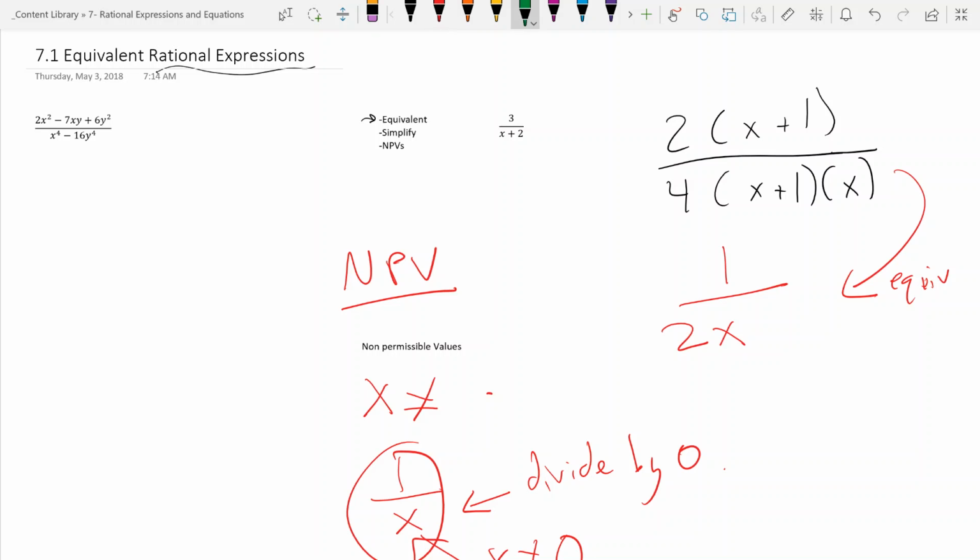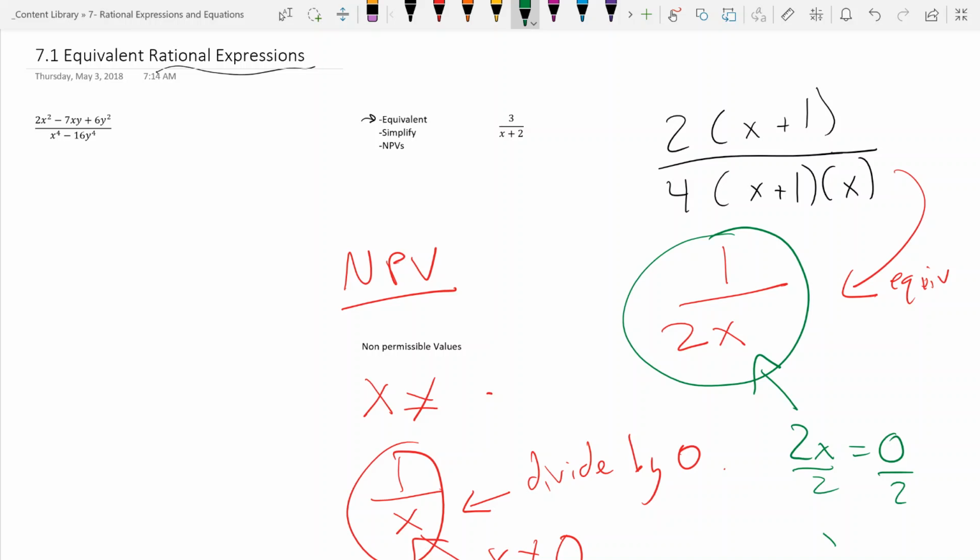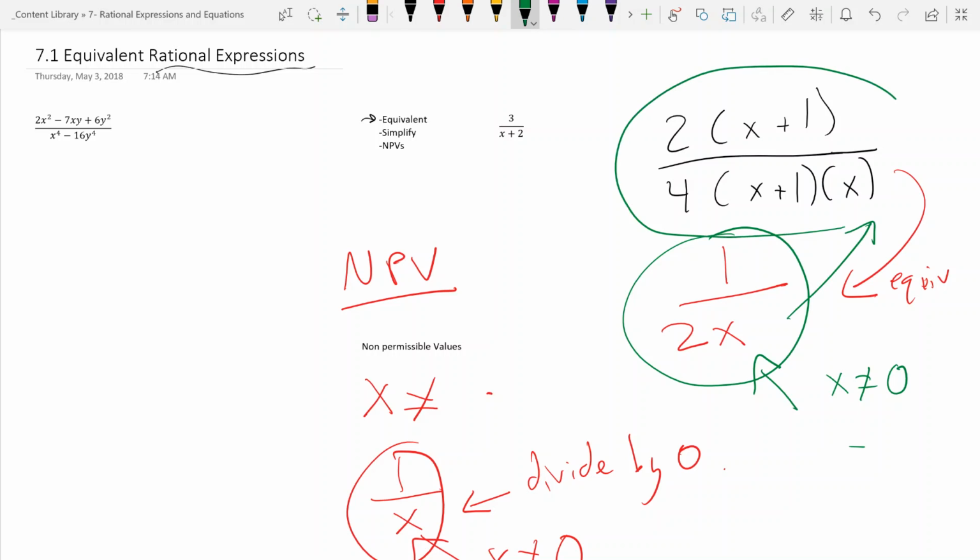But if we look at these other ones, let's look at this one for example, we think, okay, 2 times what equals 0? Oh, so we could write it like this as an expression to figure it out, and we would say, okay, divide by 2, x equals 0. So our non-permissible value for that would be 0 as well. But because these two are equivalent, we need to look at both the answer and also the original question.